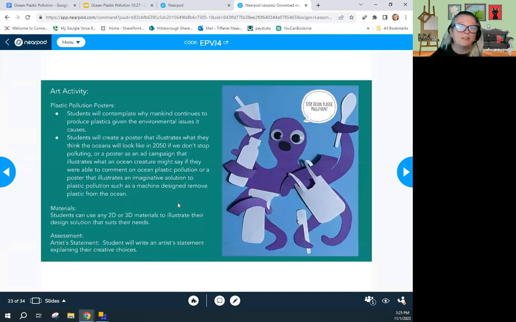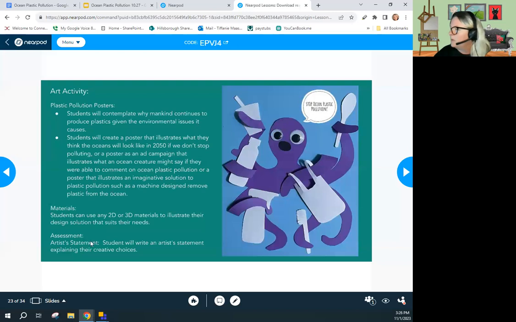Or you can design and illustrate a machine or some kind of invention for solving the plastic pollution in our world's oceans. However you'd like to do that. And again, use any materials you want. It can be 2D or 3D. It can be mixed media like I've done here. I've got googly eyes, construction paper, and then I took a photo and added a digital art element with this little word bubble.